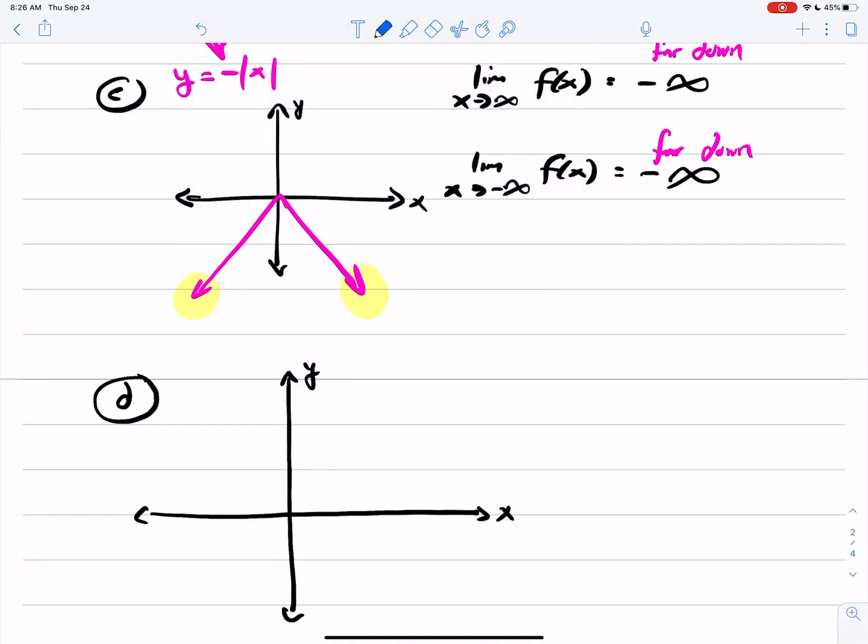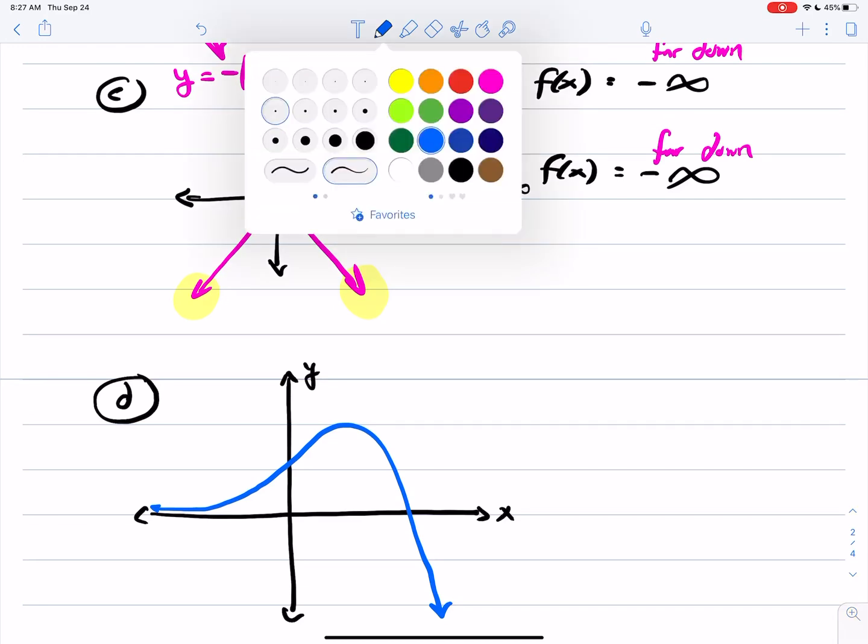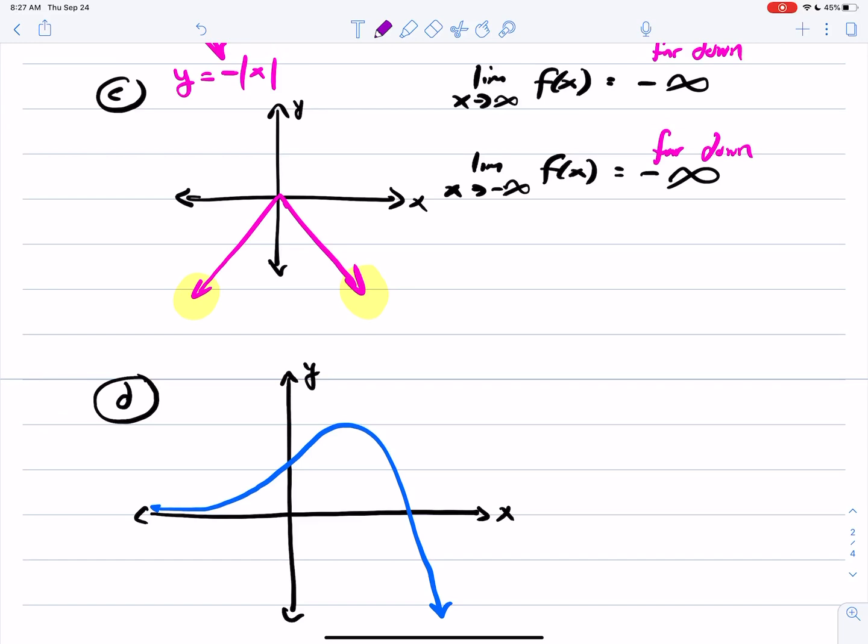Okay. Now, this curve that I'm about to draw, try to draw it to the best of your ability, okay? Actually, let me draw that one more time. Okay. So I want you to go ahead and find, suppose that this right here is f of x.